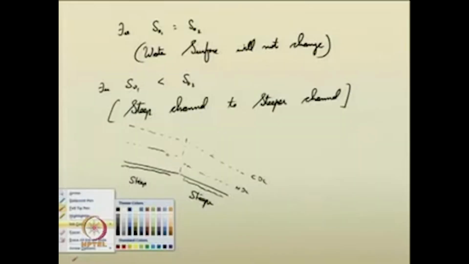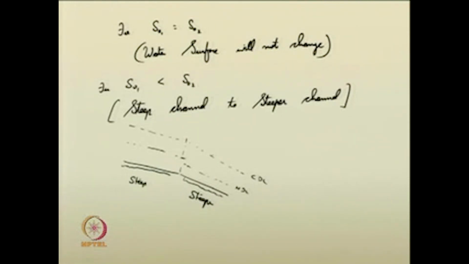So, if it goes below here, that will not be possible. Similarly, here you cannot raise the water level in this situation. So, all these things suggest that you can have only one theoretically possible water surface, and that is the flow exists in normal condition up to this junction in channel 1, and from there it goes like this.